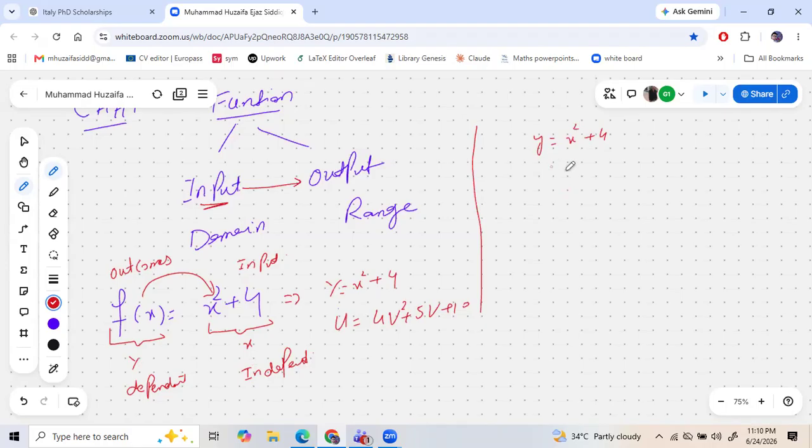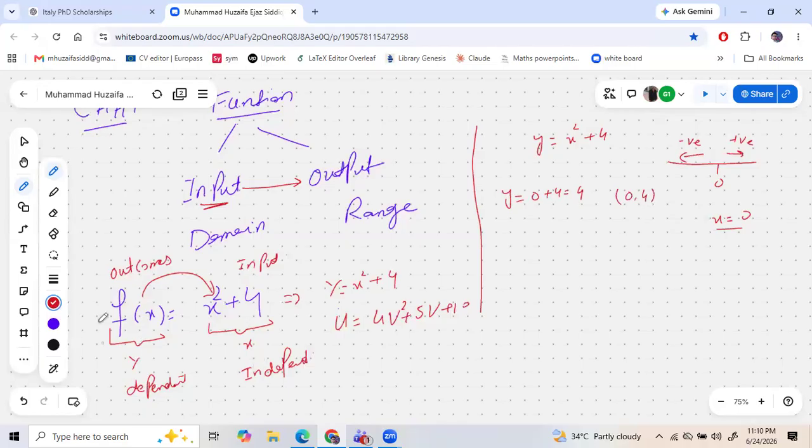So I'm using the definition: when we assign the input, we have the output. Suppose that here, as already discussed, this is our real line, and this is 0, and this side is positive, and this side is negative. When we put x is equal to 0, y is equal to 0 plus 4, which is equal to 4. So our ordered pair is 0 and 4.